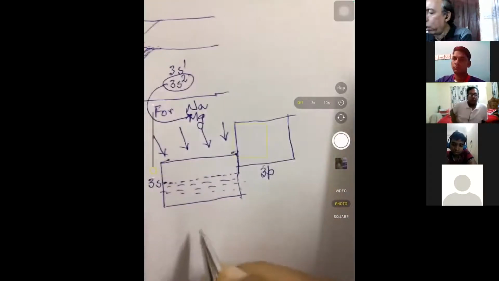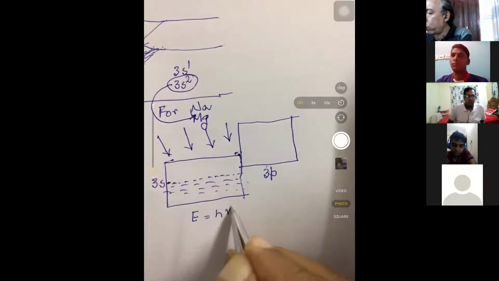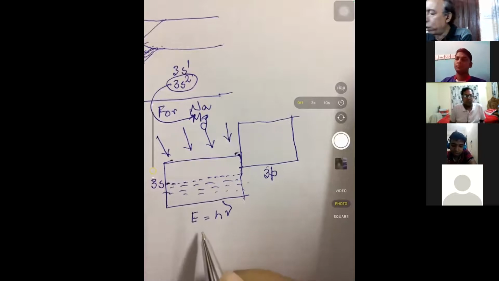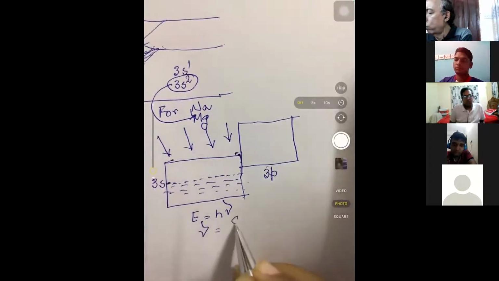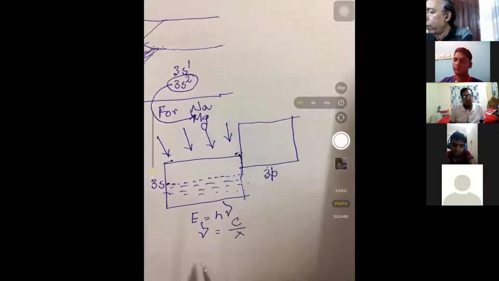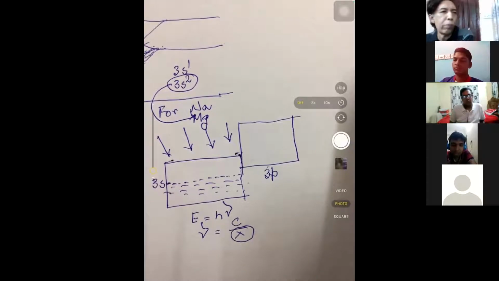The energy of light is equal to h nu, where nu is the frequency of radiation. What is nu? Nu is equal to c by lambda. What is lambda? Lambda is the wavelength, and c is the velocity of light.